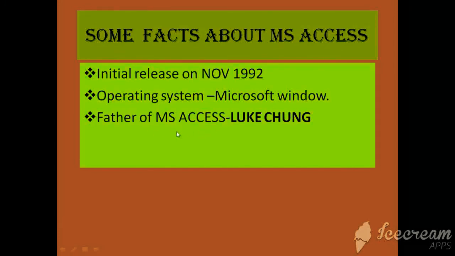And the father of MS Access is Louis Chung. He has worked on many software and designed many versions: MS Access, Visual Basic, SQL, he has worked on these, fine, and he launched MS Access. These are the interesting facts, additional information.